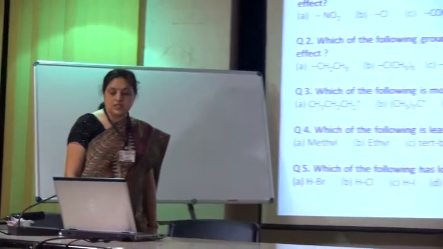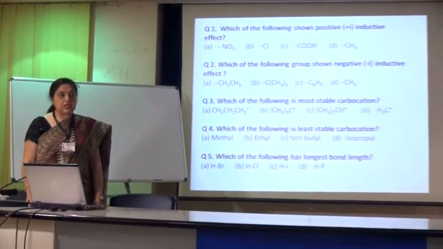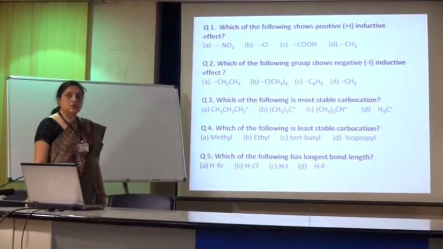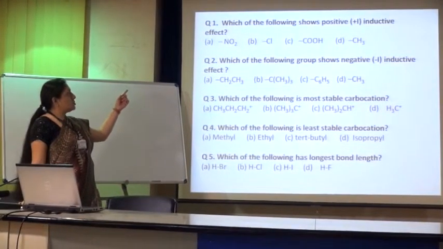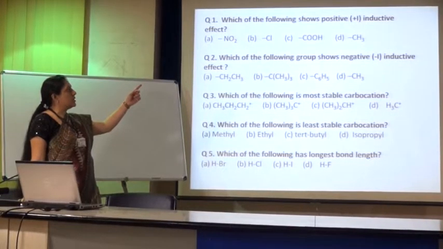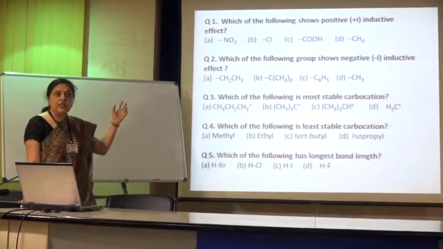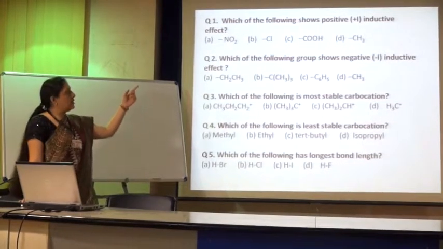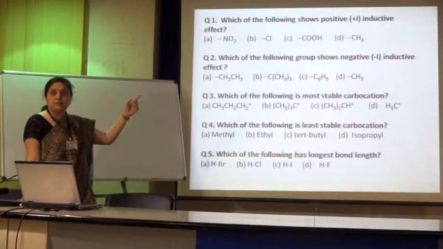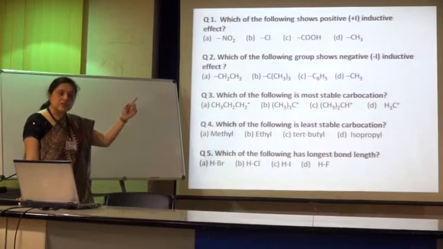So you have got the sheets. First question: which of the following shows positive inductive effect? The answer is D. NO2, Cl, COH are all electron withdrawing groups, and your CH3 group, which is methyl, is an electron releasing group.